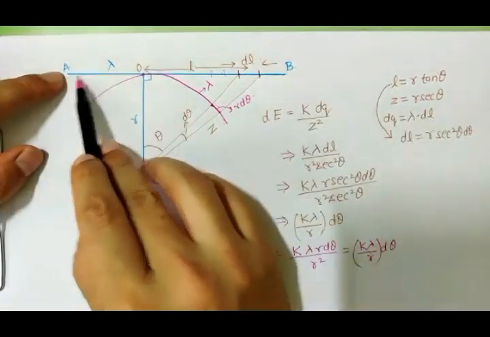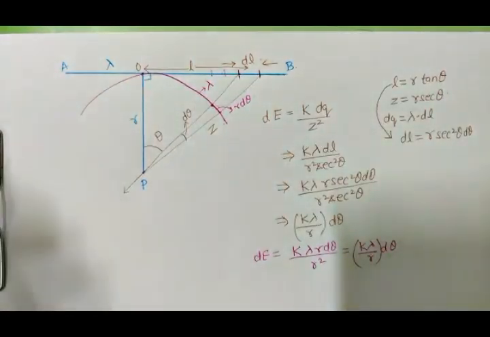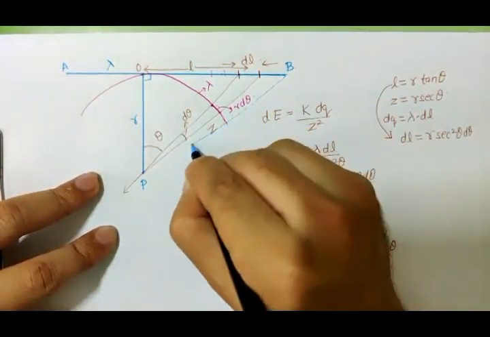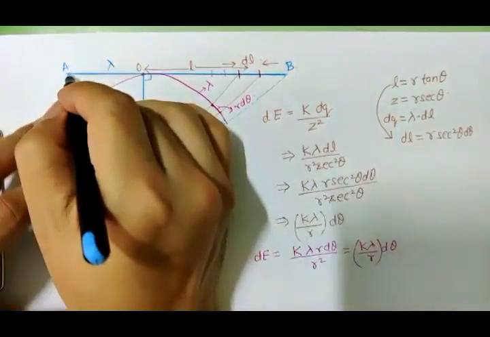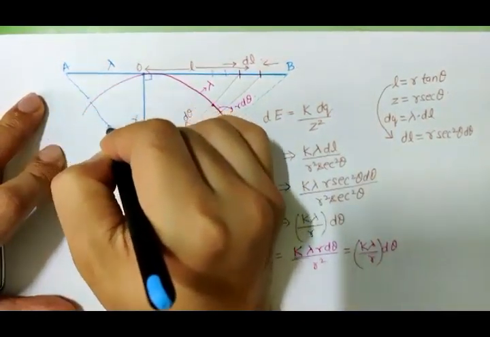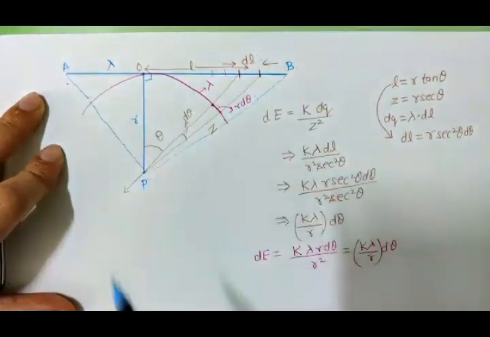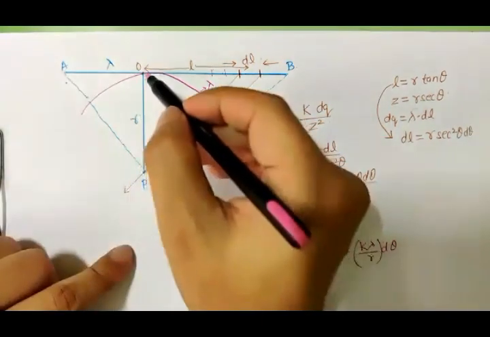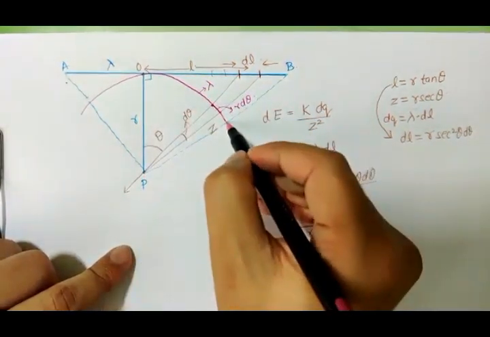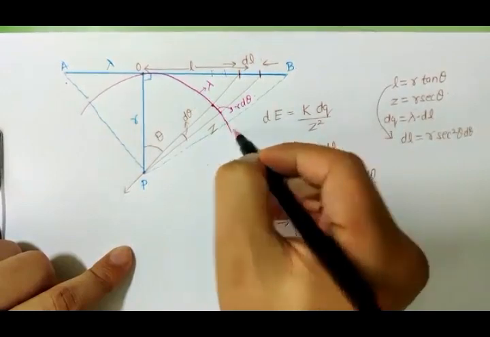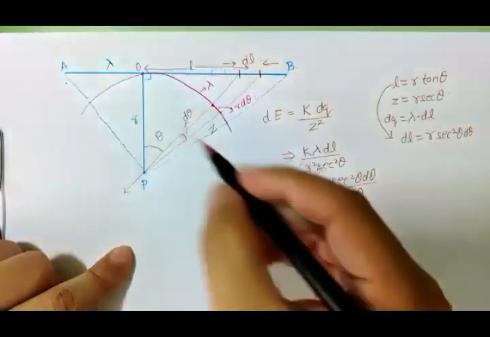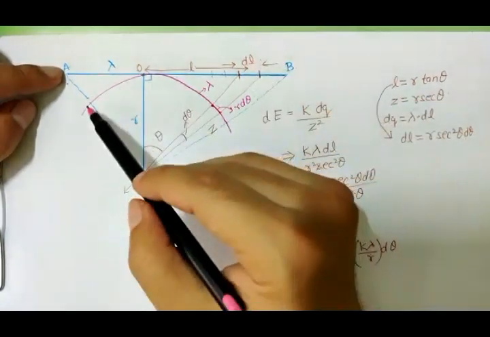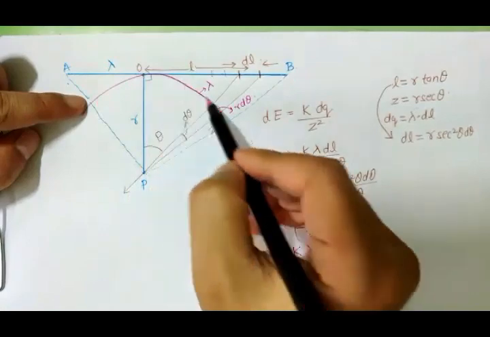So for this complete wire from A to B, if you draw these lines, this can be thought of as the angle subtended by this wire AB at P. If you draw these lines and make an arc of radius r centered at P, which are getting intersected by these lines PB and PA, all the sections from here to here on wire AB will have their counterparts on this particular arc.